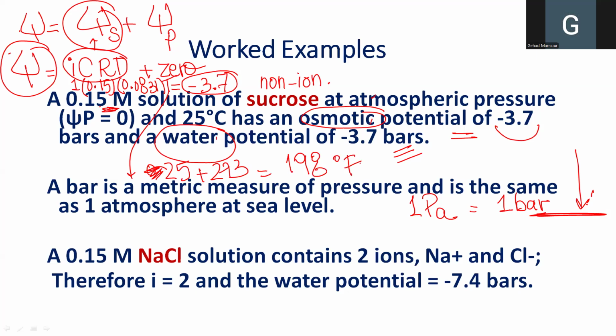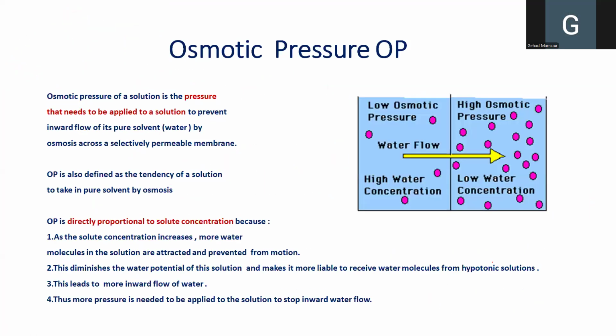So if we apply the same conditions, same temperature, same constant R, and same molar concentration, 0.15, we will just change the i. And the i here equals 2 because sodium chloride is ionized. So water potential and the solute potential, which are already equal, will both be multiplied by 2.